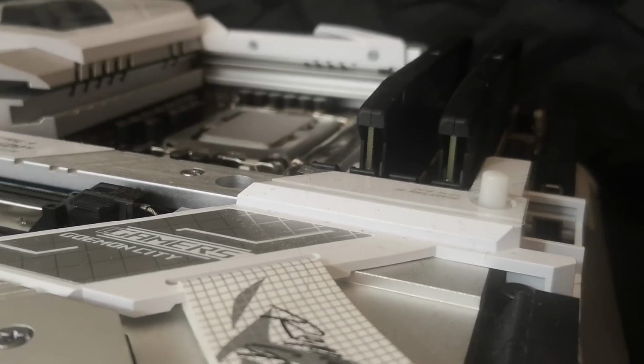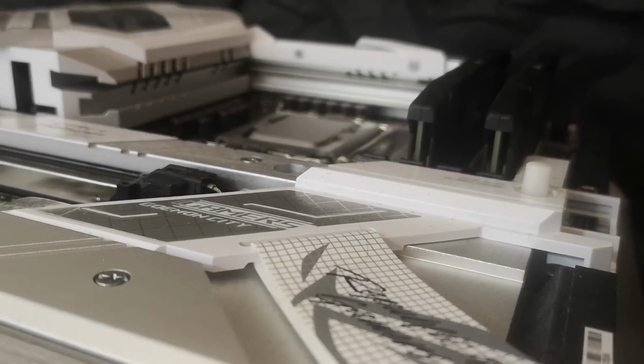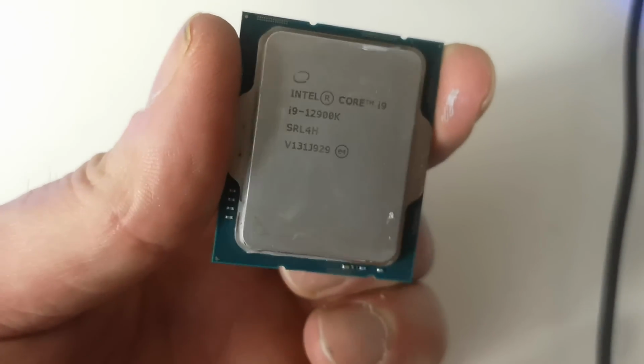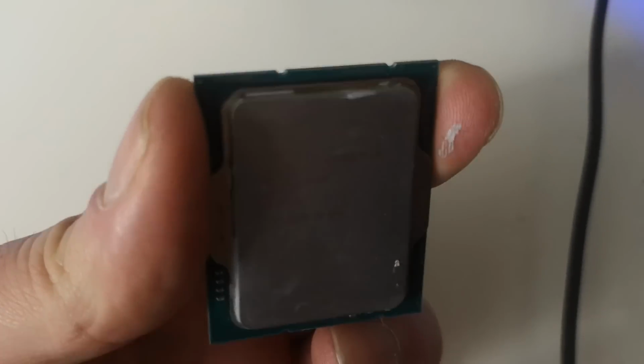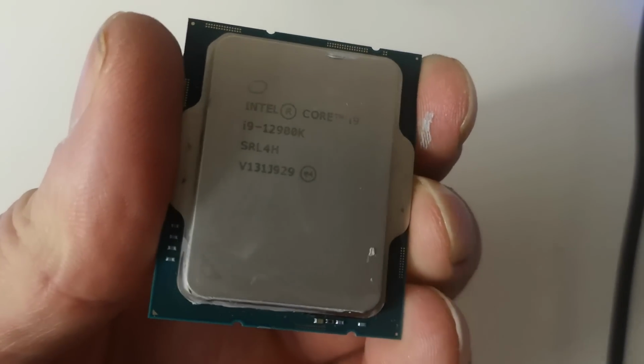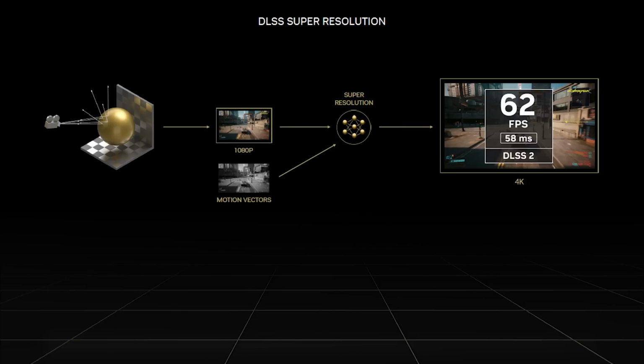For example, processing game logic, issuing draw calls to the graphics card. Even fast CPUs like our Intel 12900K here are often hampered by many games pushing just a couple of threads harder than others. In DLSS 3 then, on frames which are generated due to utilizing the tensor cores, we'll go more into how this works in just a moment, the CPU is largely taken out of the equation.